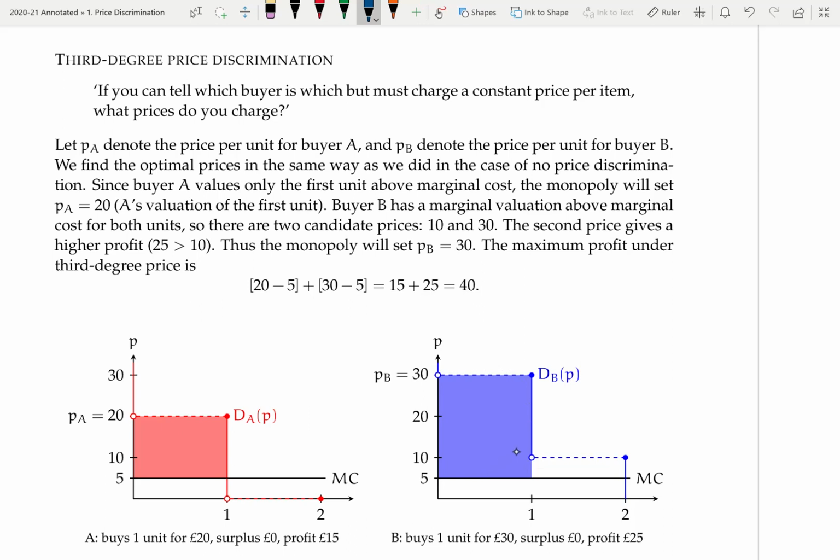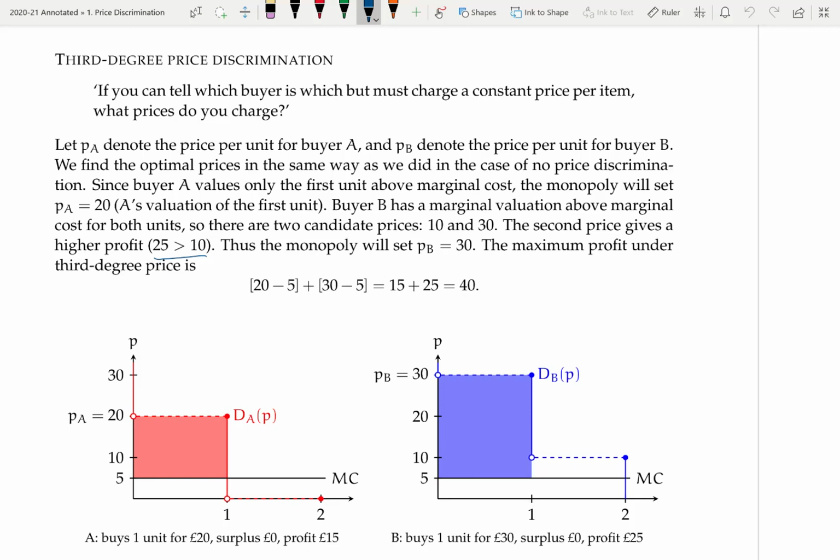If the monopoly wanted to sell 2 units, it would have to drop the price all the way down to 10, and then it would make a profit of 10 minus 5 equals 5 per unit, for a total profit of 10. So 10 is much less than 25, and therefore the monopoly wants to charge a price to B of 30. So the maximum profit under third degree price discrimination is 15 plus 25, which is 40.